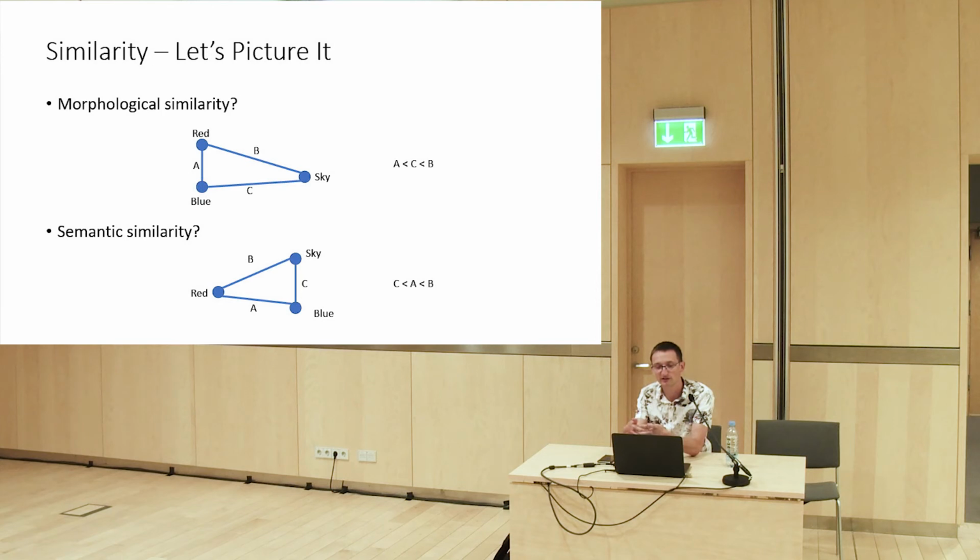So we can actually have both these similarities in one embedding space, but a multi-dimensional embedding space. So instead of having a plane, we could have additional 2 dimensions. That would bring us to 4, and we would be able to place all the words such that morphological similarity does not interfere with semantic similarity.